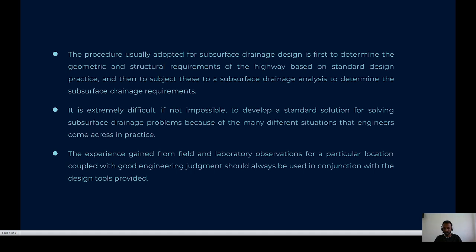The process usually adopted for drainage design is first to determine the geometric and structural requirements of the highway based on the standards. For example, Ethiopia uses the ERA manual to analyze the drainage.